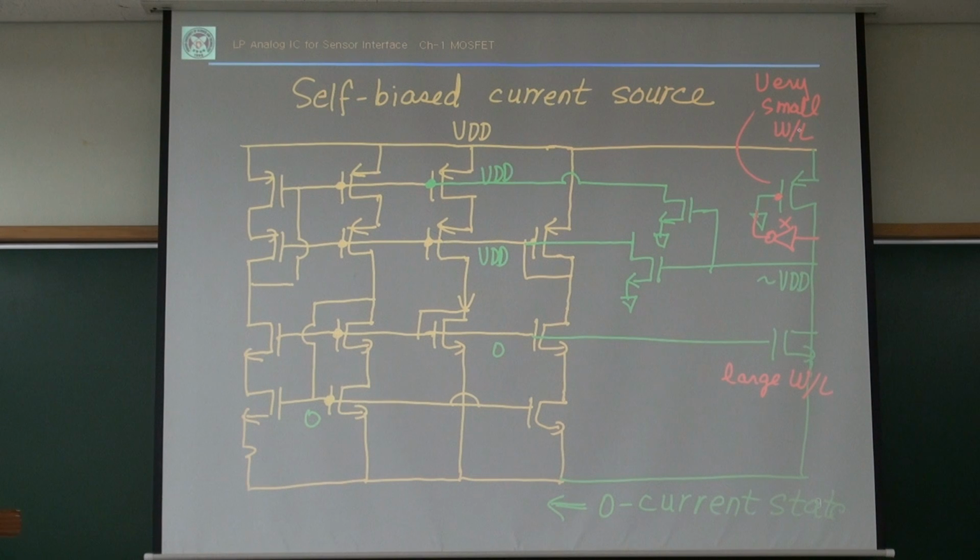This is because once it goes into the desired operating point, I must turn off those transistors, then this startup circuitry is isolated from the main current source. Then this should be very small. Otherwise, if this is very large and it still flows some current, then the startup circuitry is not isolated.